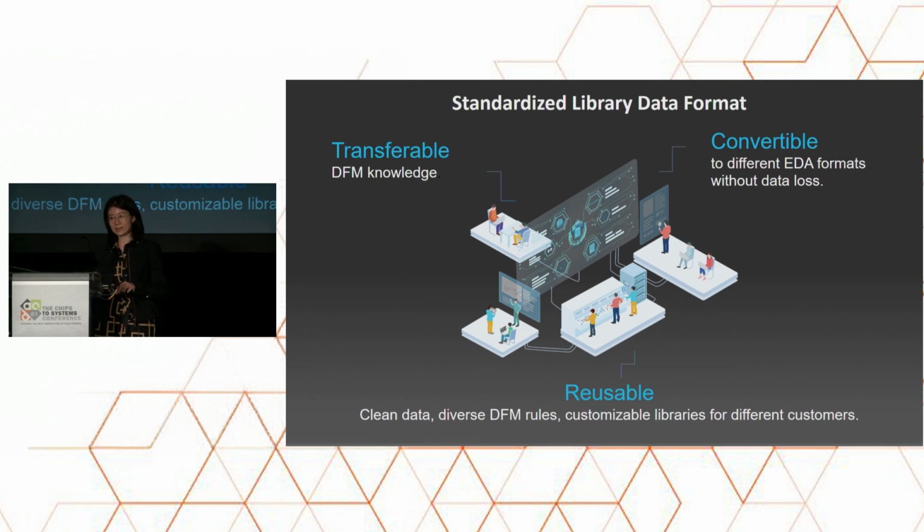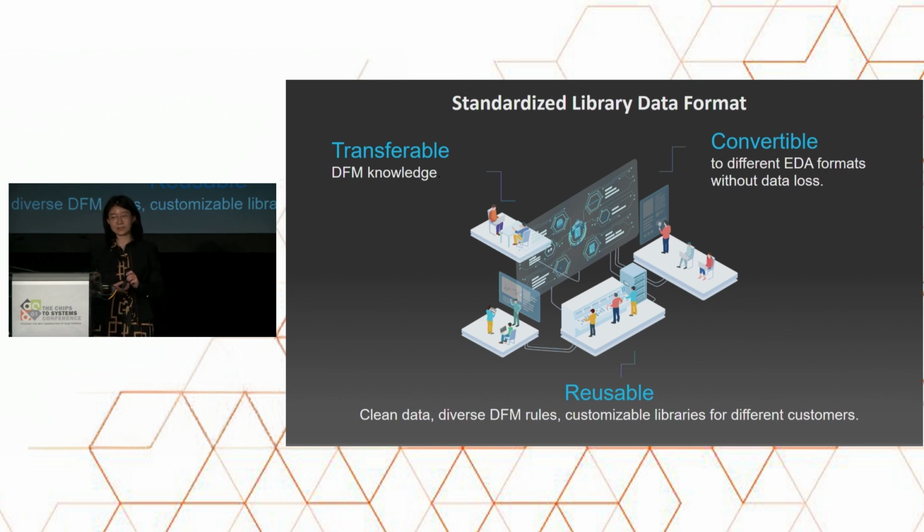So here's the takeaway. A standardized library data format that can fully describe the information in the spec datasheet and include all the design for manufacturing requirements or guidelines will transform the industry.